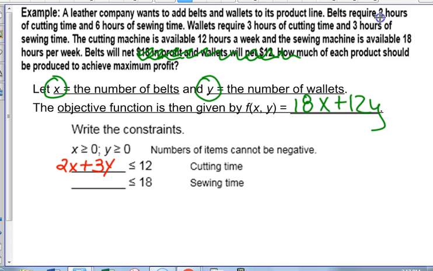Okay, guys, we're looking at cutting. So it's 2 hours of cutting, 3 hours of cutting, and 12 hours of cutting available on the machine. Do you see that now? It is confusing because the sewing is a totally separate equation. What are we talking about for sewing? Let me call on somebody. Riley, you take this one.